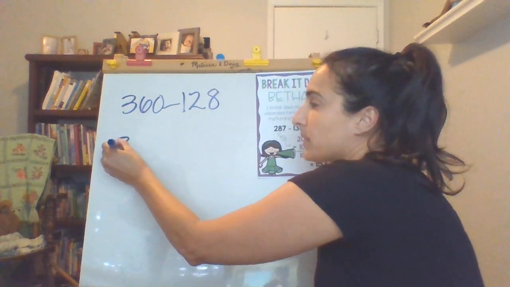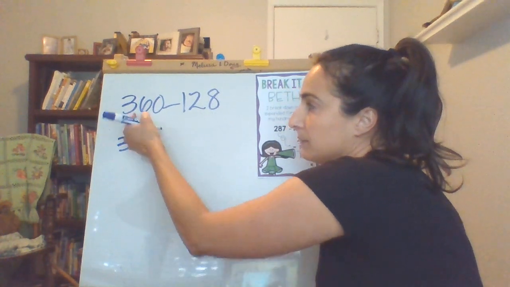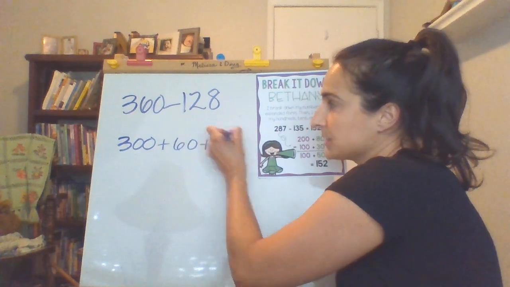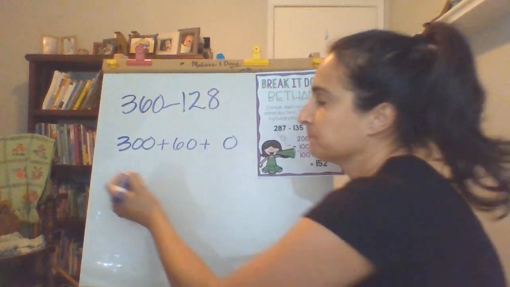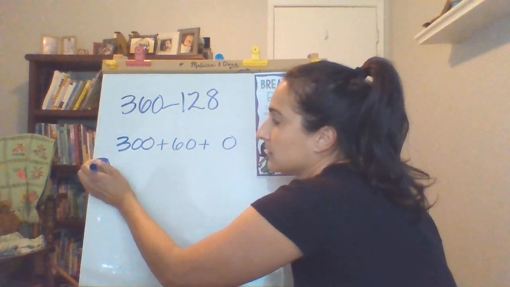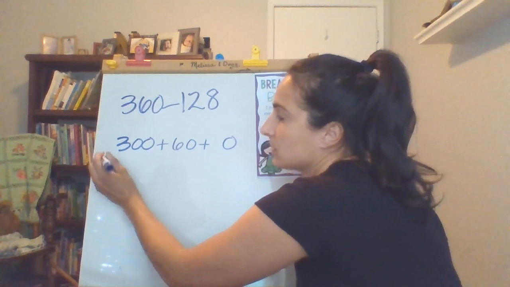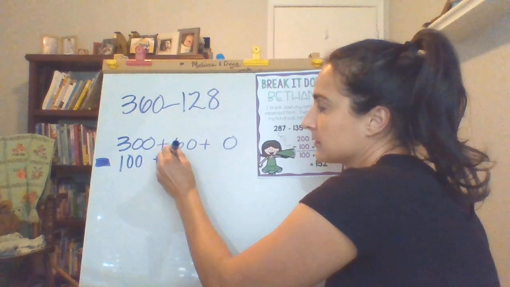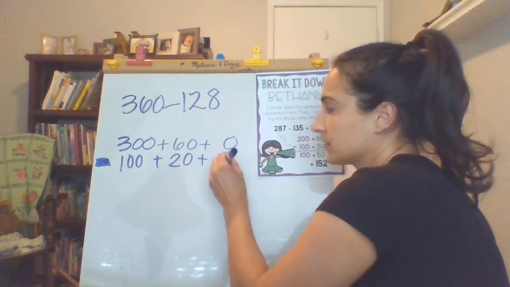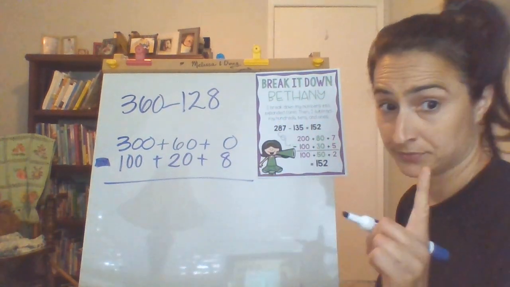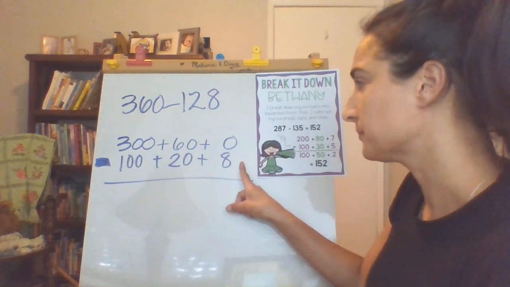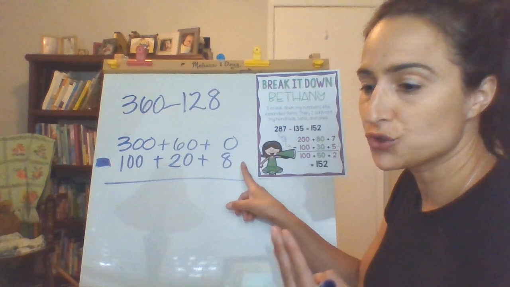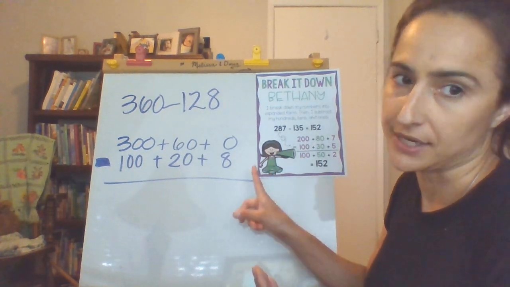So what I'm going to do is break up my number into expanded form. Uh-oh, but I have 0 ones. How is this going to look? 120 and 8. Okay, I'm going to start over here. And you know what, boys and girls? I think I should have showed you on the previous one that you should start at the right.